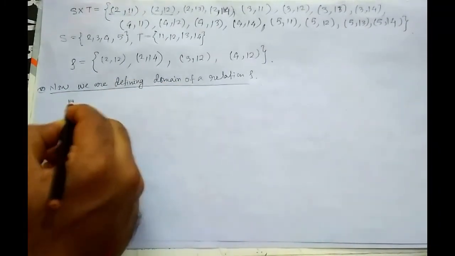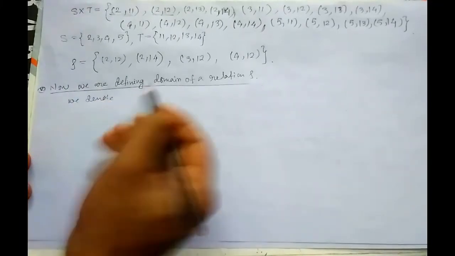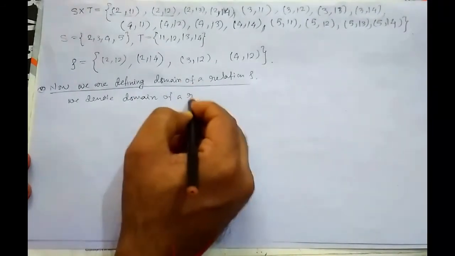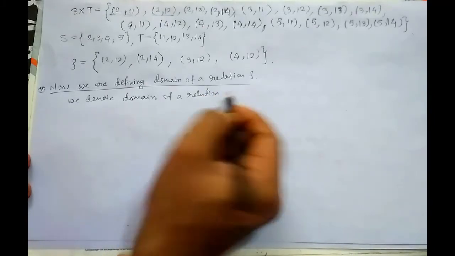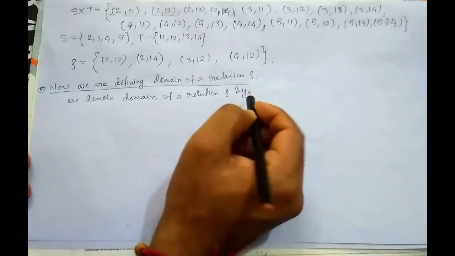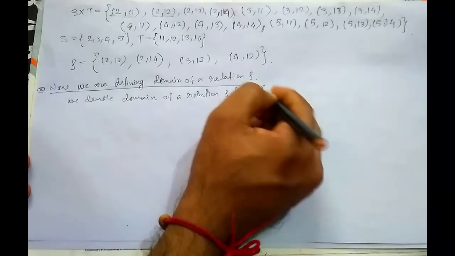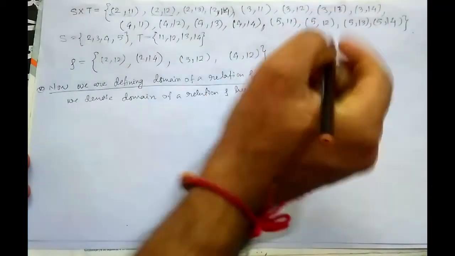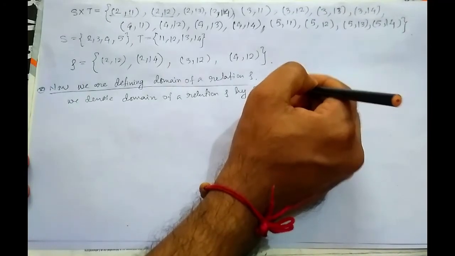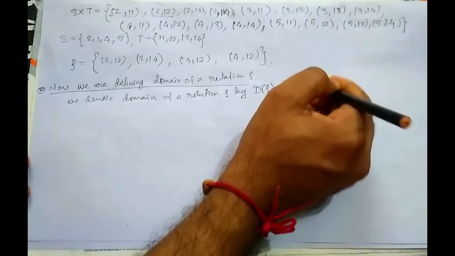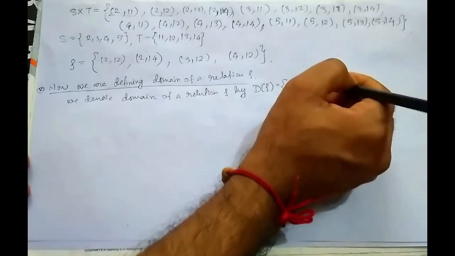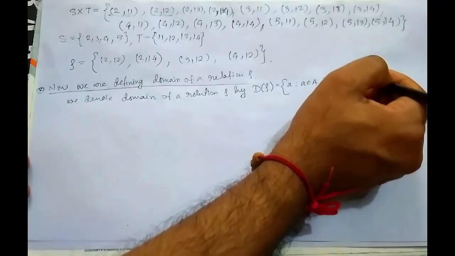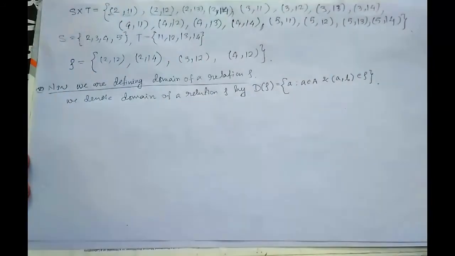We denote the domain of a relation rho by D of rho and define it as the set of all a such that a belongs to capital A and (a, b) belongs to rho.